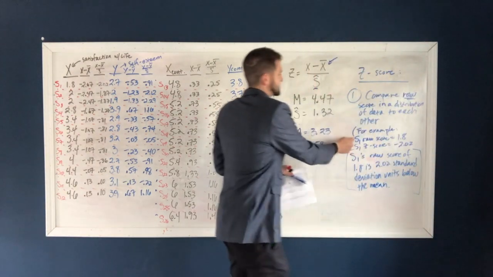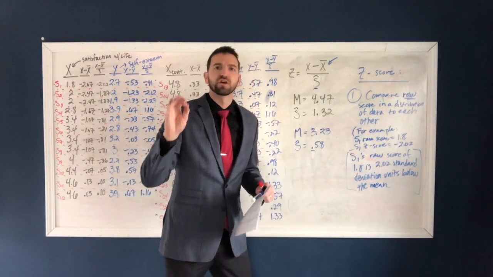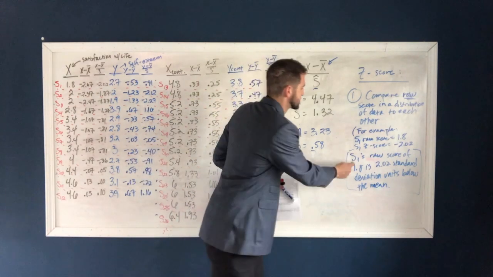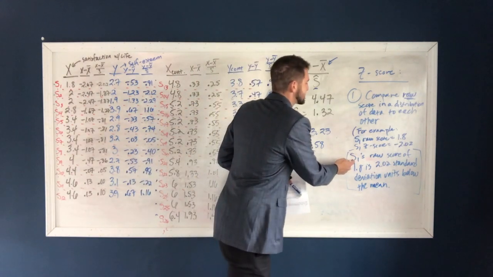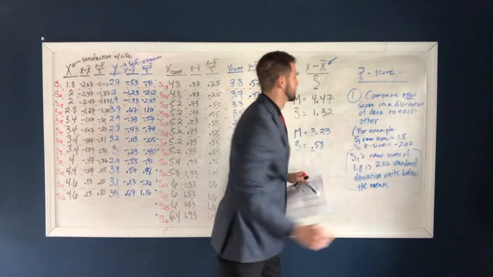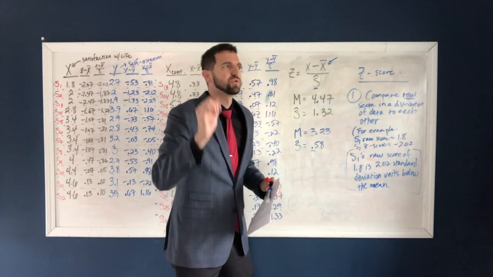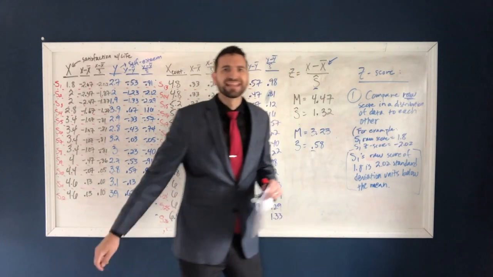Okay, so subject 1's raw score is 1.8 and their z-score is negative 2.02. So what that means and how you can interpret that z-score is you could say subject 1's raw score of 1.8 is 2.02 standard deviation units below the mean.